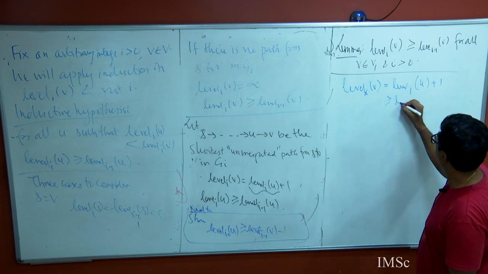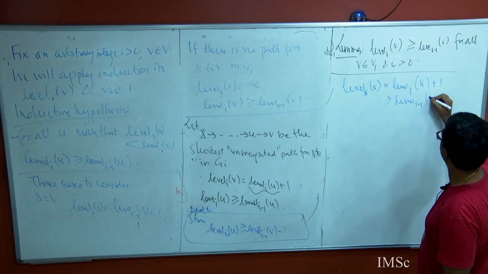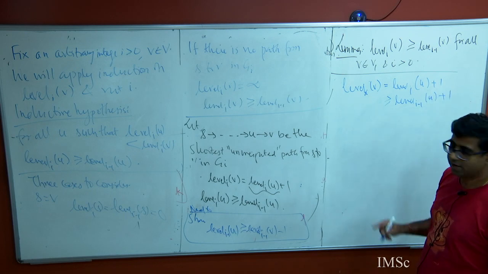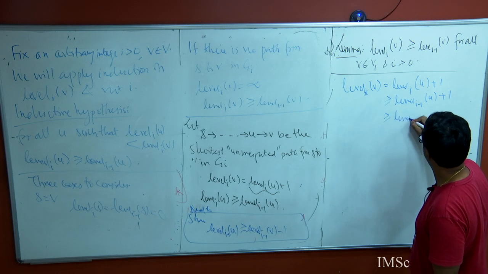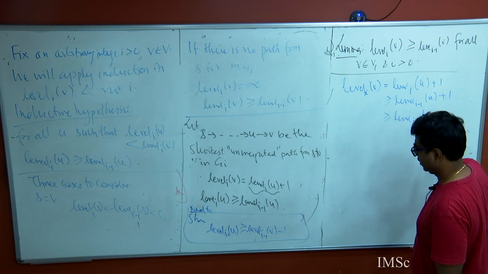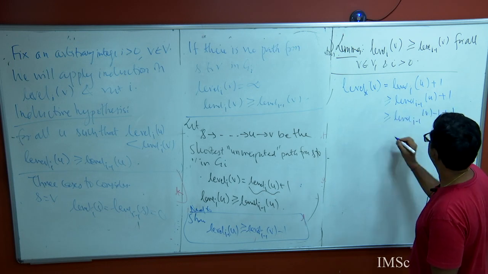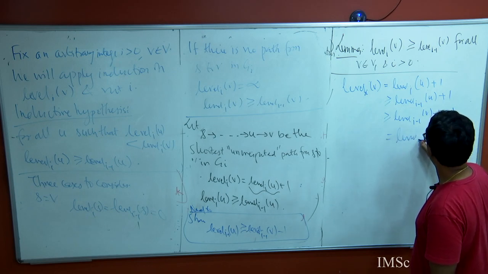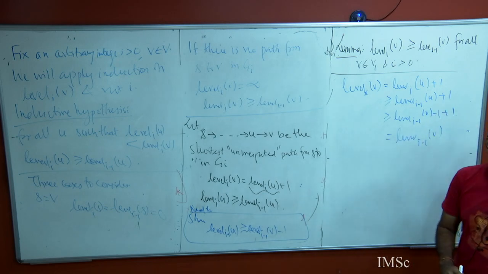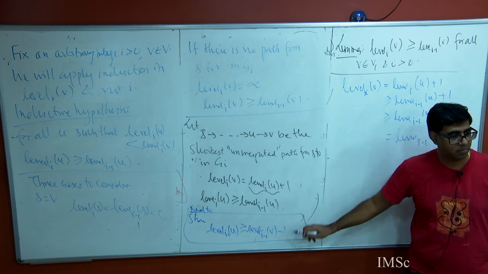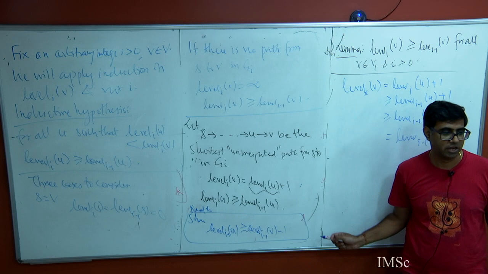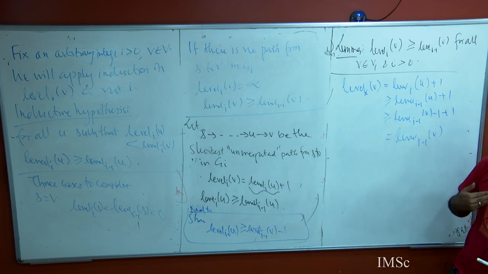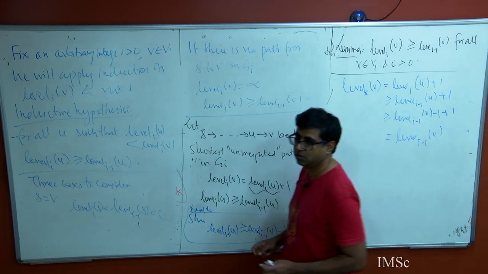So this is greater than or equal to level_{i-1} of V minus 1 plus 1, and that is level_{i-1} of V, and we are done. So if I show this claim, we will be done, applying the induction hypothesis and this inequality. All that is left is to show this claim.